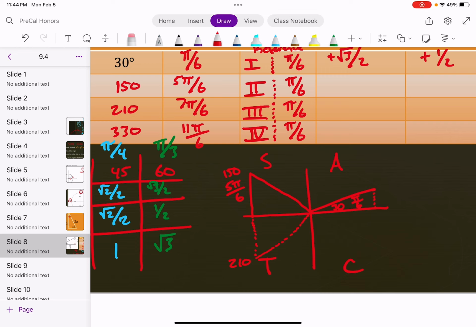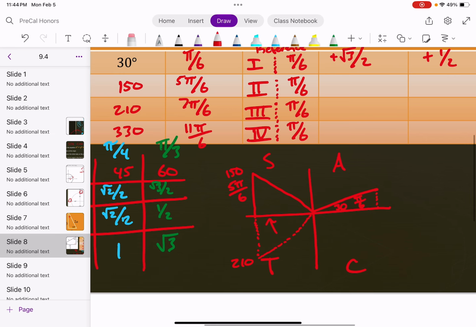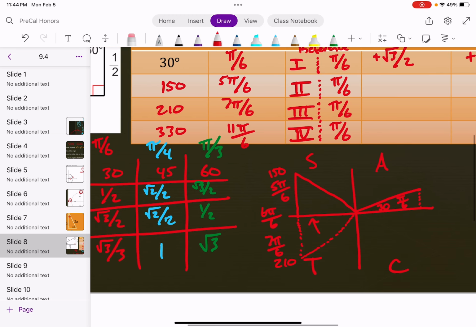Remember, our reference is always trying to get as close as possible to the nearest x-axis, which is this portion over here. Now, even though we are looking at 7 pi over 6, remember this is 6 pi over 6, which at that point will give you a pi over 6 as our remainder. Well, not so much the remainder, but the actual reference itself.